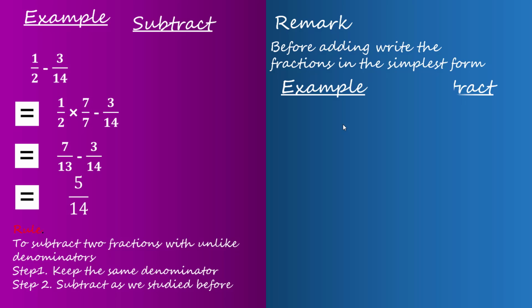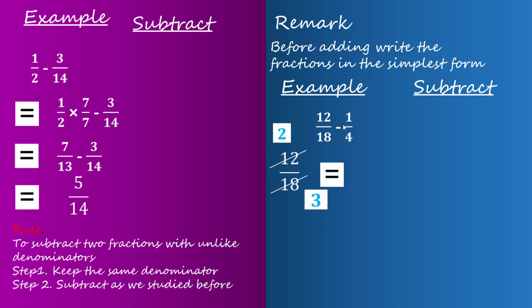For example, if we have two fractions like 12 over 18 minus 1 over 4. 12 over 18 is not in the simplest form. There is a common factor here, which is 6, the HCF between 12 and 18. So we can divide by 6, 12 divided by 6 equals 2, 18 divided by 6 equals 3, so it will be 2 over 3 in the simplest form.